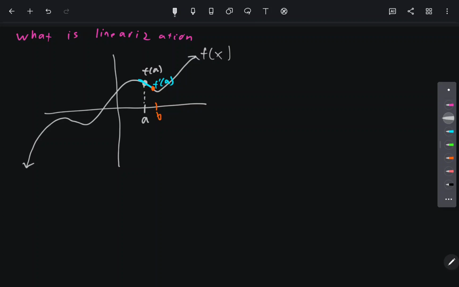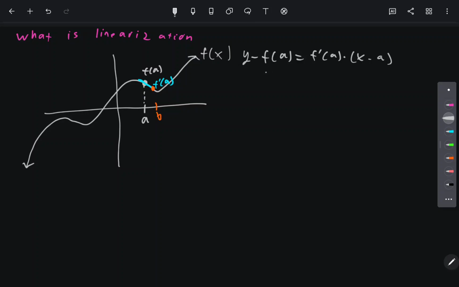Well, we know the slope at this point, and we know what the point is. So we are going to develop a line using point-slope form. So y minus the function at the point, f of a, is equal to f prime of a, because that's the slope of the line, times x minus a.